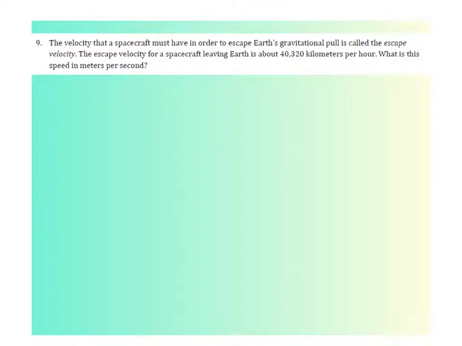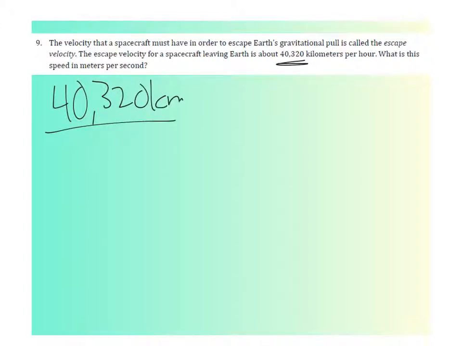So the velocity that a spacecraft must have in order to escape Earth's gravitational pull is called the escape velocity. It is 40,320 kilometers per hour. What is that speed in meters per second? Okay, so again, same kind of setup. You're going to take 40,320 kilometers per hour, in 1 hour.